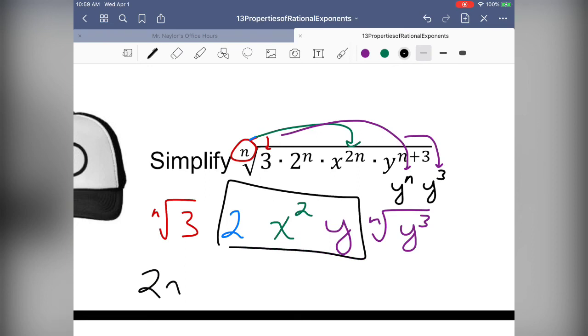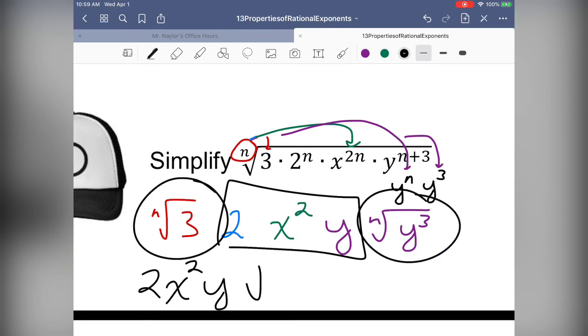Those 3 items are able to be written in front. And honestly, I have 2 items that are still in the radical, and so they remain here. Okay, again, tough problem, but we basically were able to take out the even n's. We took out the even n's, and we left behind the ones that didn't divide evenly.